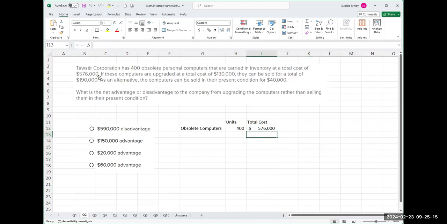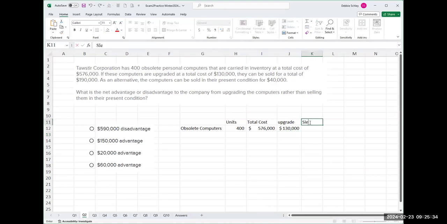Okay, what else do they tell me? If these computers are upgraded at a total cost of 130,000, they can be sold for a total of 190,000.